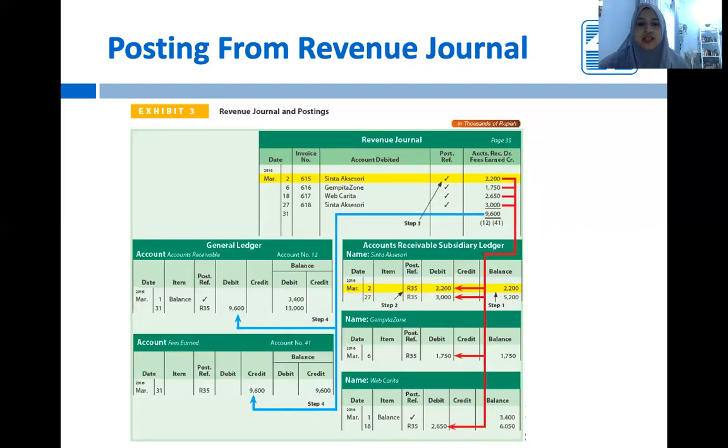And in the post references, we'll put R35 because it refers to revenue journal, page 35. And after we post that, we need to tick here in the reference posting for revenue journal, to indicate that we have completed posting it to subsidiary ledger.